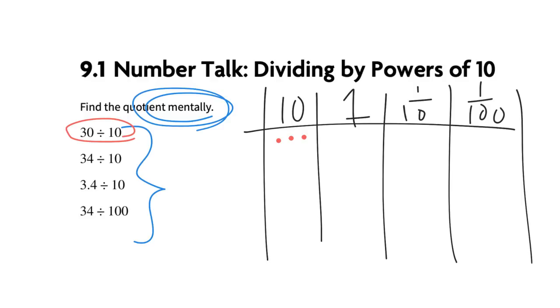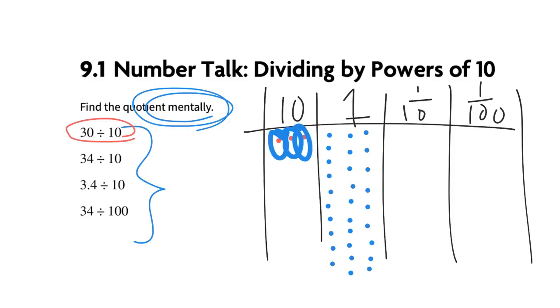And if we want to divide by 10, each of these dots is worth 10 ones. So I can cash each of these dots in for 10 ones. So this dot right here gives me 1, 2, 3, 4, 5, 6, 7, 8, 9, 10. And then this dot can be cashed in for 10, and then this dot can be cashed in for 10.